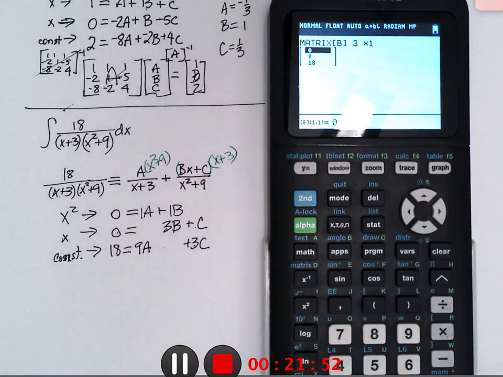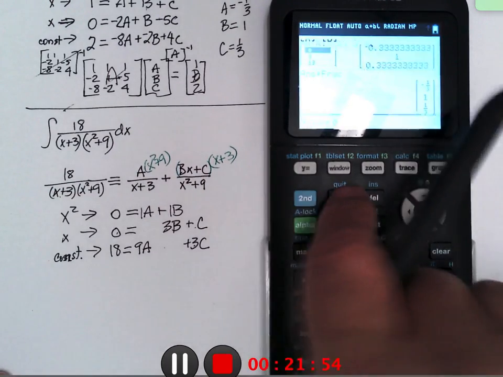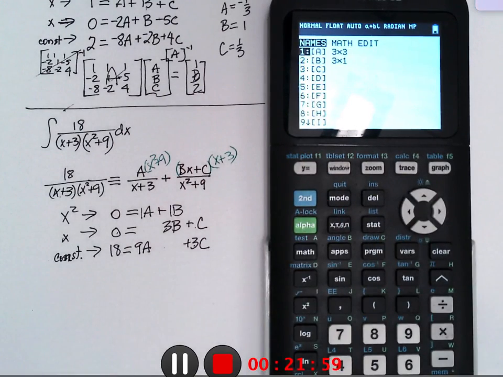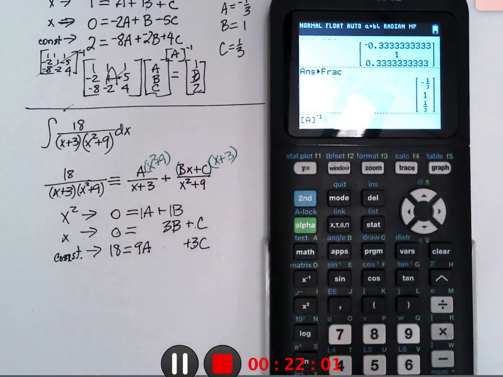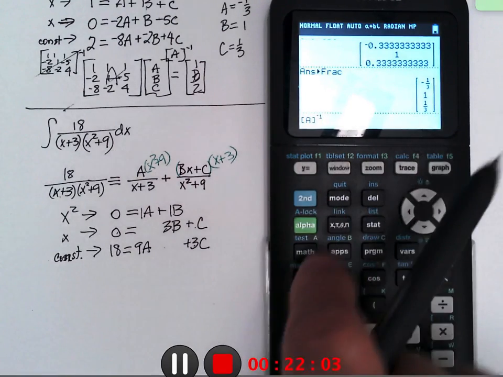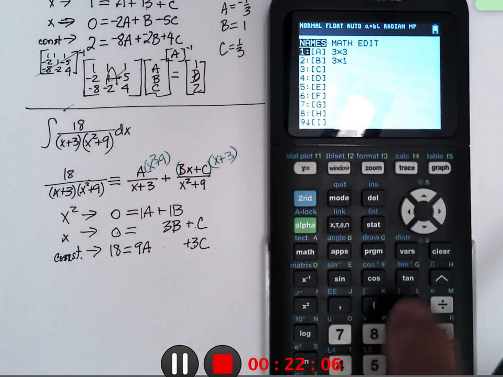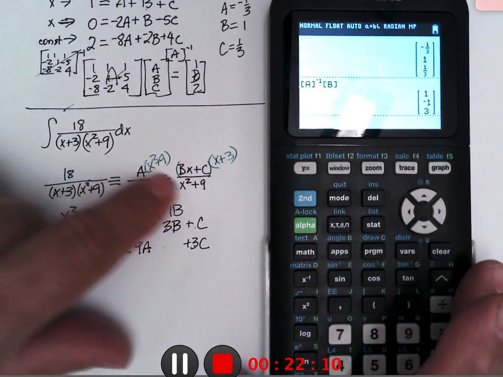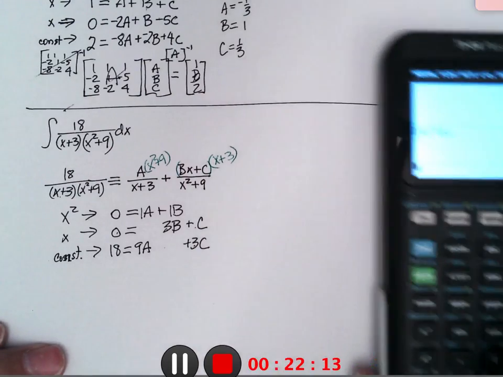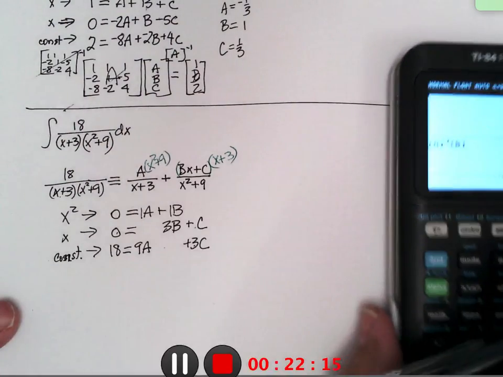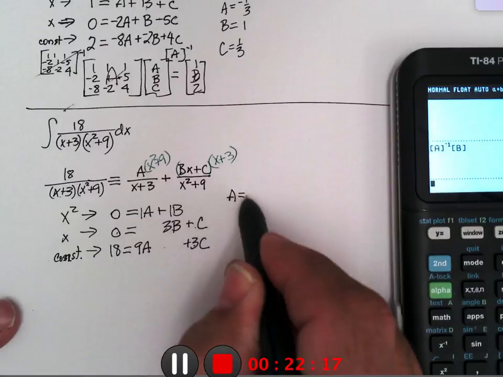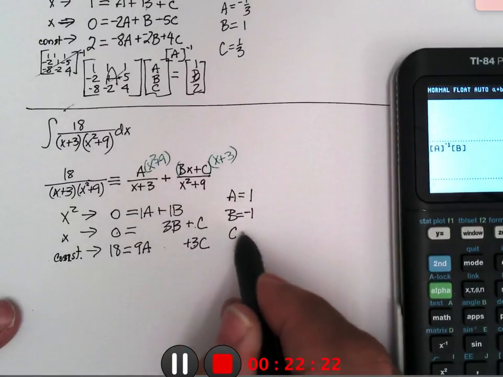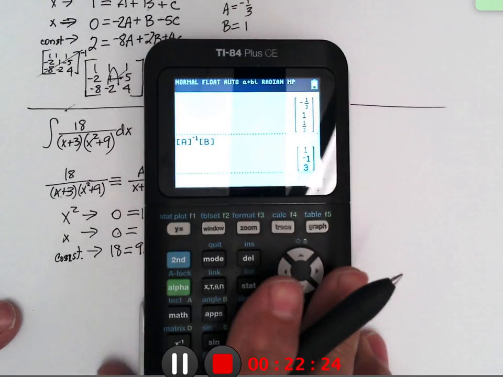Okay, so now I can quit, and now I can go matrix A inverse times matrix B, and press enter, and I have my answers for my A, B, and C. So the A was 1, the B was -1, and the C is 3. So set that aside.